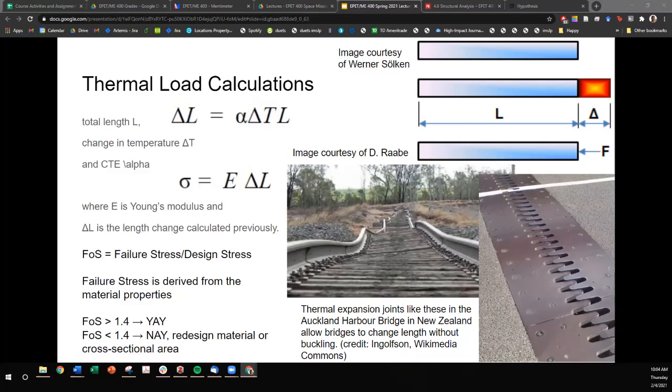So once you have stress, again, you have your design stress, which you just found, and then your failure stress is given from your material properties. That gives you factor of safety. And then again, do the binary check. Factor of safety greater than 1.4, yay. Less than 1.4, redesign.